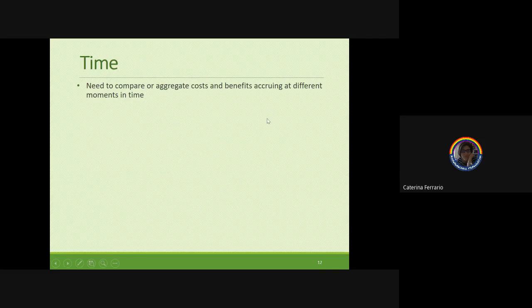And this is not straightforward. The general rule is that future costs and benefits should be weighted, because costs and benefits that are accruing in times that are farther away have obviously a lower value.